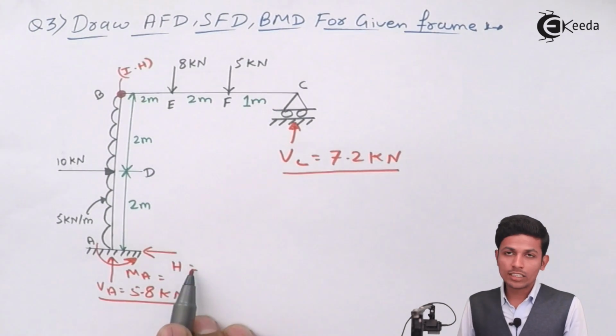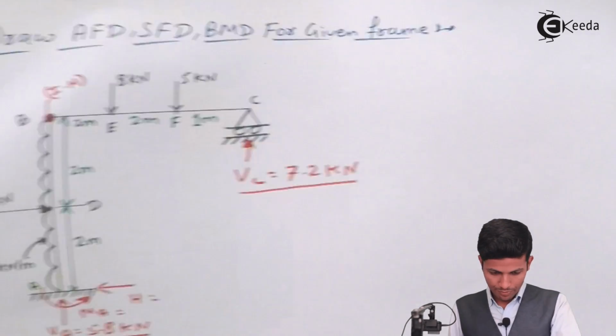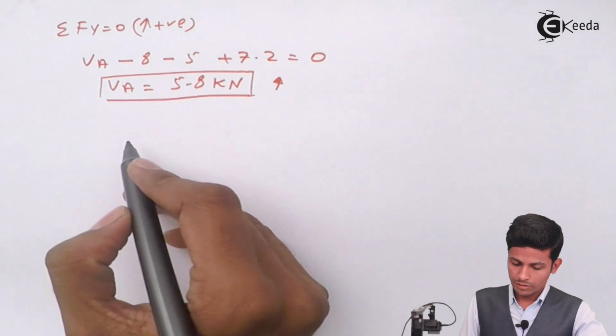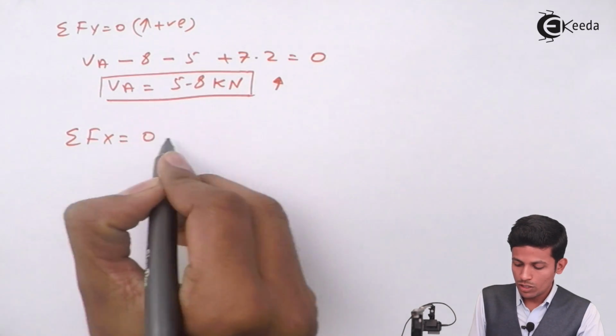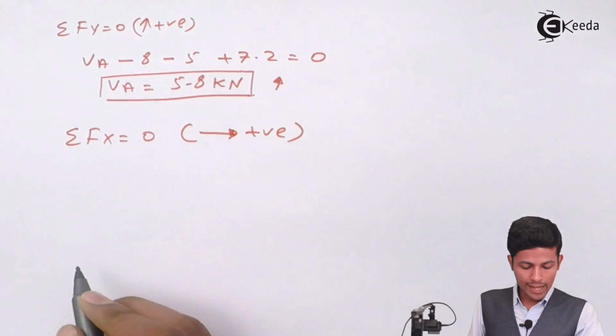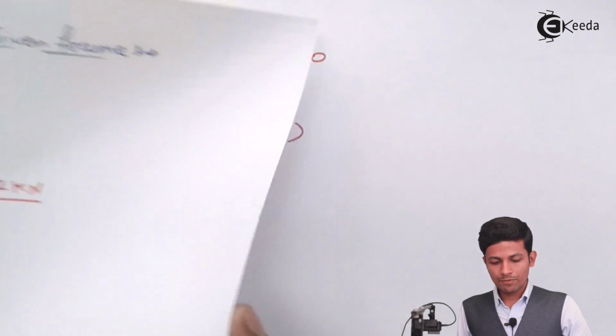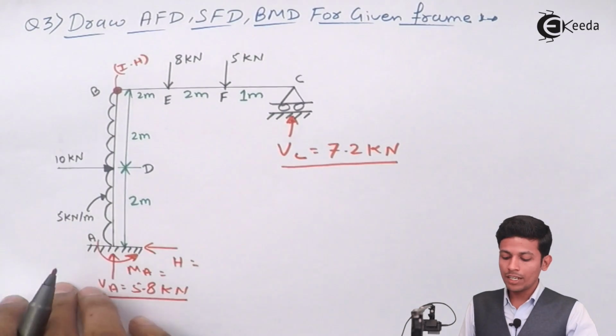Now what about H? While finding H, we take summation Fx equal to 0, with this direction as positive. This will go in this direction, so this is minus, this is plus, and the UDL will be positive.